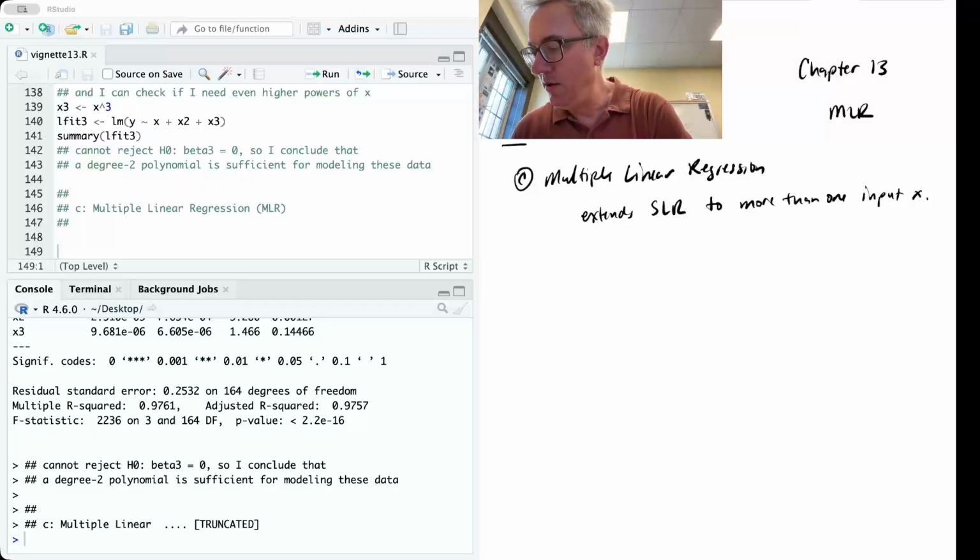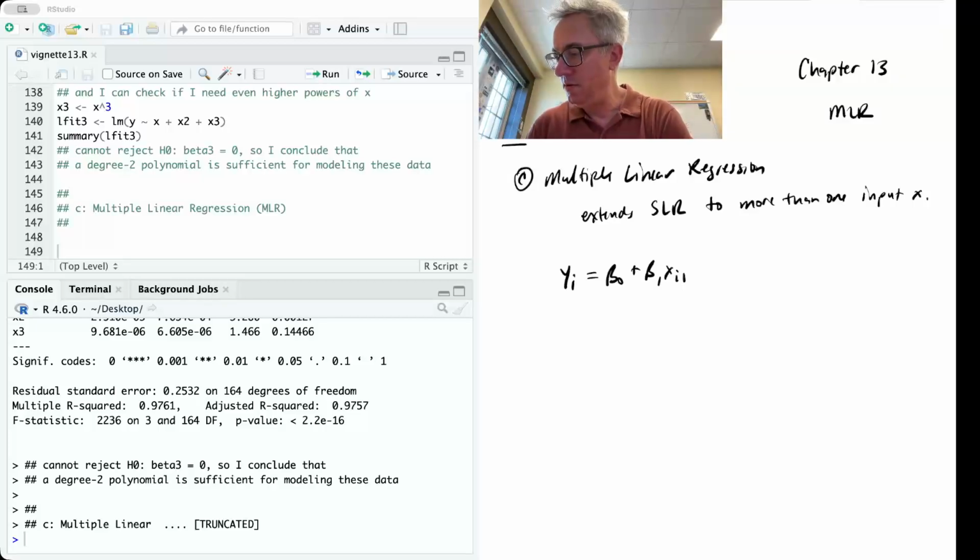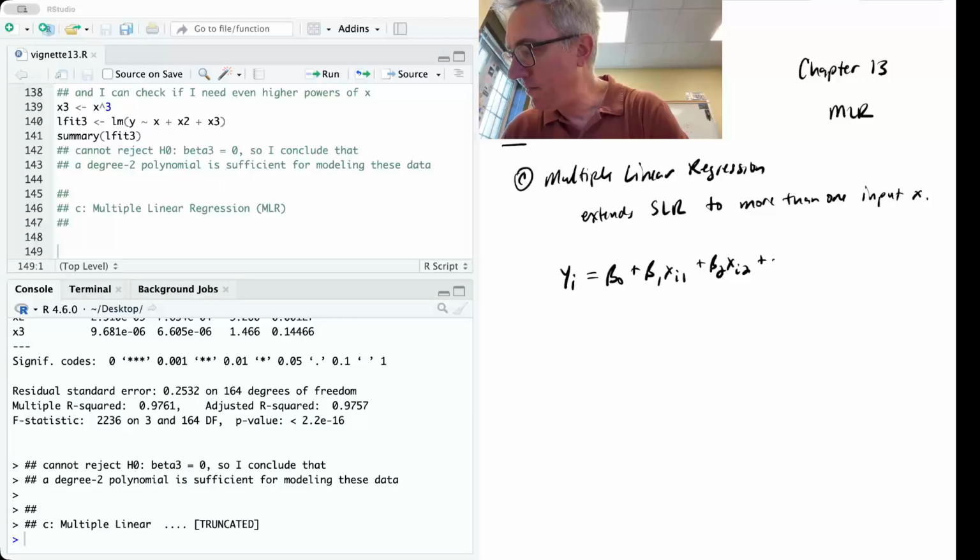So if we write out the model, I have that my y's follow a linear relationship, but now I'm going to write xi1 for the first x, and then beta 2 xi2 for the second one, and I may have as many as d of them. And then I'll still have a random error, and that random error will still be IID Gaussian.